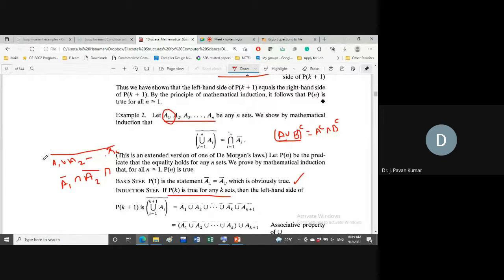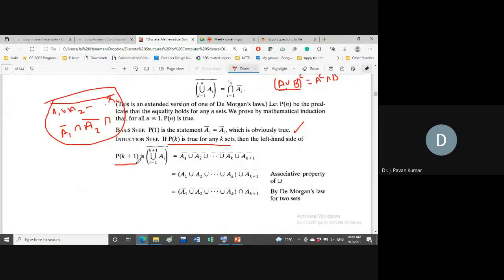This is our assumption, P of k is true. Now we have to prove that P of k plus 1 is true.